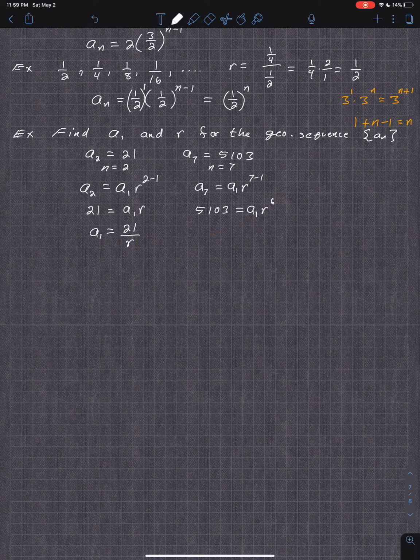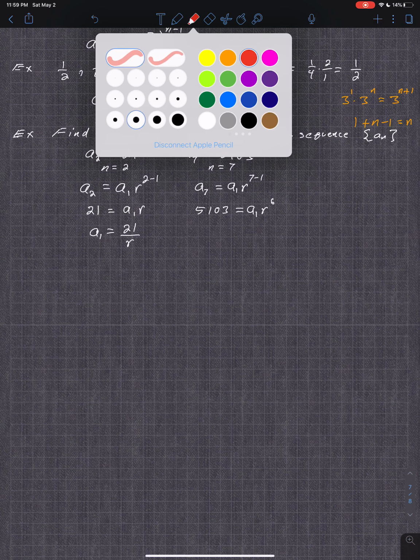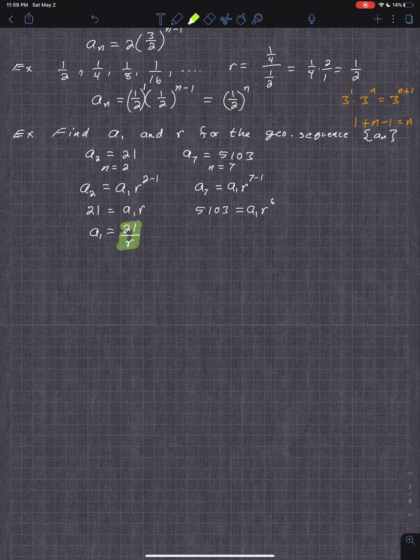So let's just highlight that so it's a little easier to see. So we're going to take that and put it right here. And so 5,103, and the numbers you'll see will work out, equal to 21 over R. They won't always, of course, but it's not so much the nitty-gritty numbers I want you to worry about.